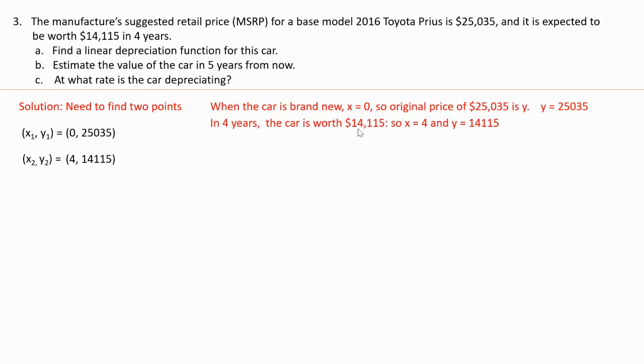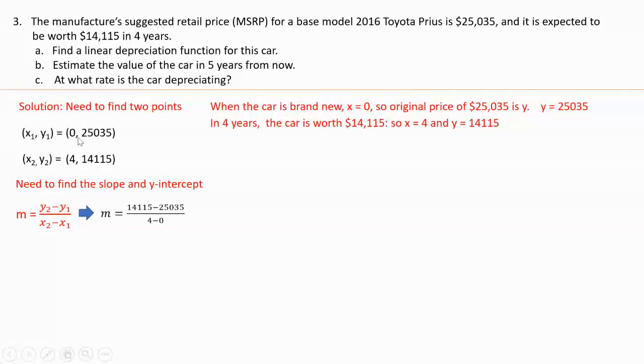Now we're going to do the same procedure as we did, I believe, in slide number 1, which was problem number 1, where they give you 2 points and you have to find the equation of the line. That's what we're looking for here for part A. So we need to find the slope and the y-intercept.